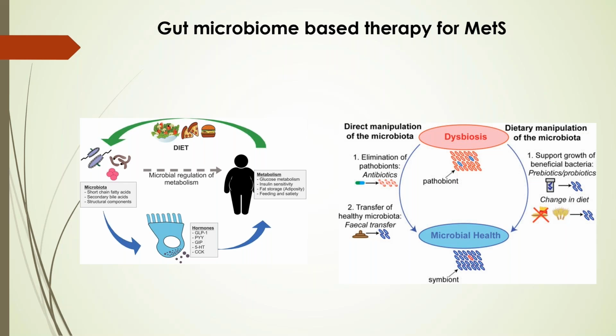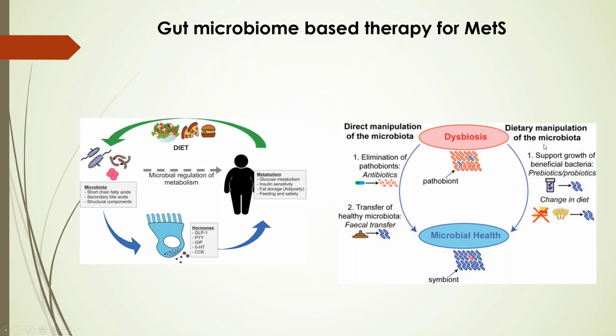There are some diseases in which fecal transfer has been done in patients, and it has shown that the fecal material containing healthy microbiome, transplanted into a diseased person, affects the intestinal well-being and general well-being of a person. So by these two processes, we increase the number of symbionts, the healthy good bacteria.